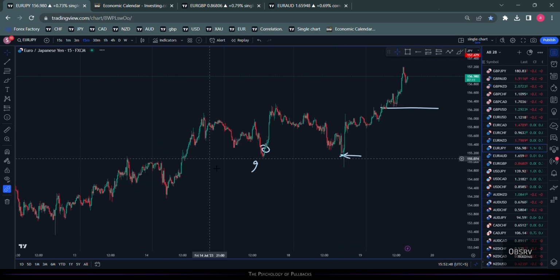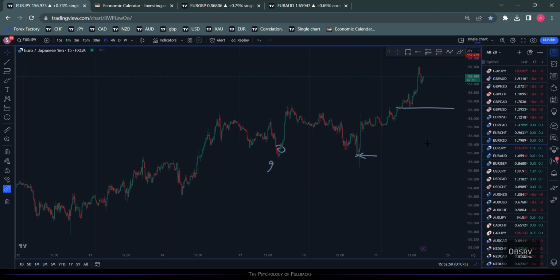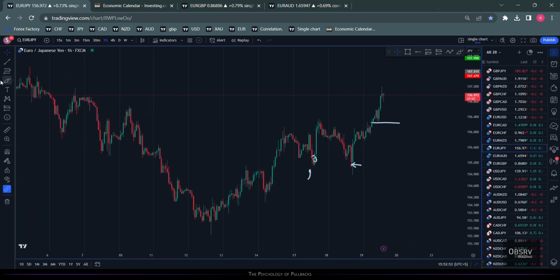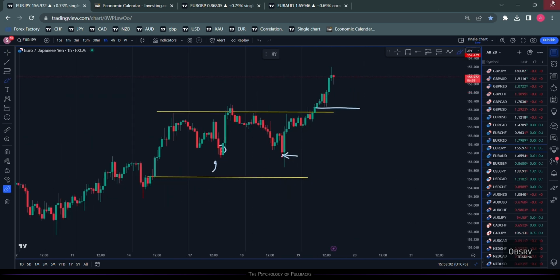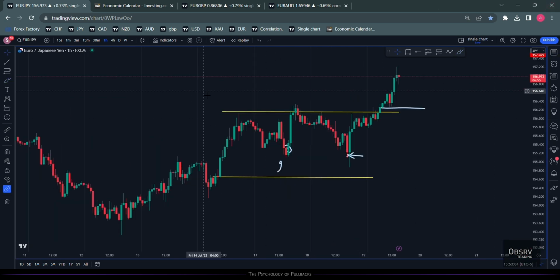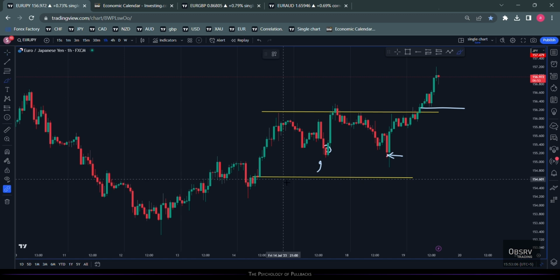Anyway, okay. So taking a look at our higher time frame, the buy started from down there, went all the way up to there. Let me just remove this. It's all one move, starting from here, going all the way up to there. Now, what do you need?